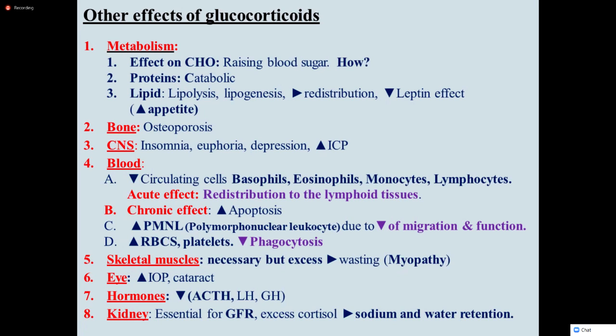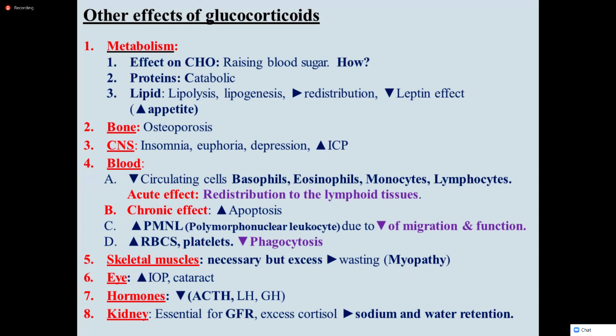Regarding the skeletal muscle, although they are necessary for the growth of skeletal muscles, excess may cause wasting, or myopathy, because of the catabolic effect on the protein. Then in case of the eye, it causes increased intraocular pressure, so you cannot give it to patients who have glaucoma, and it precipitates cataract also.